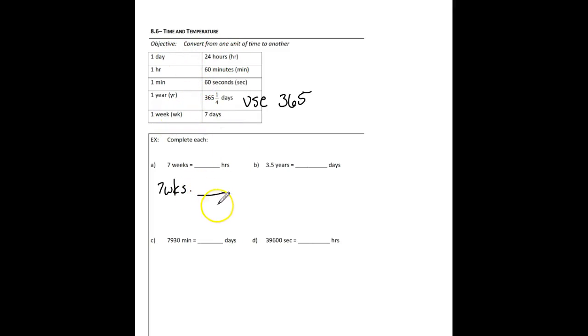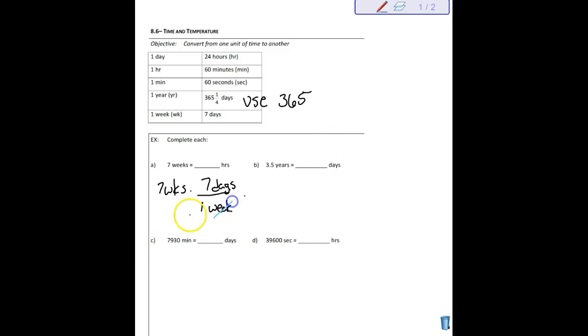So we'll put 1 week down below, so our unit will cancel. But 1 week is, of course, 7 days. And then that helps us to cancel our weeks.